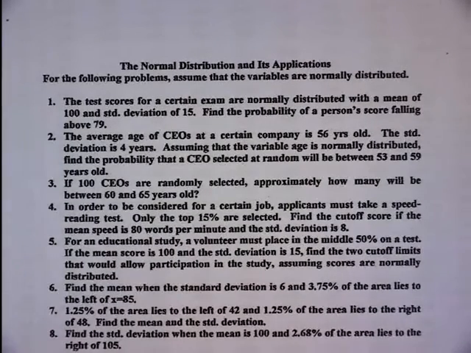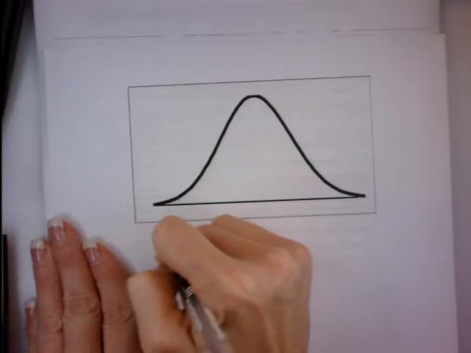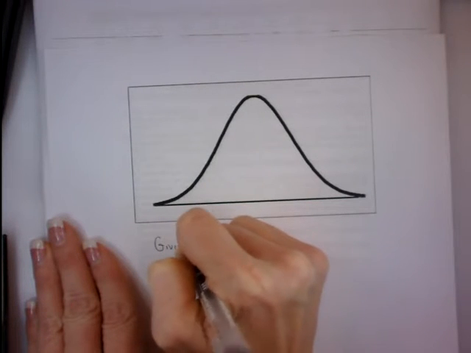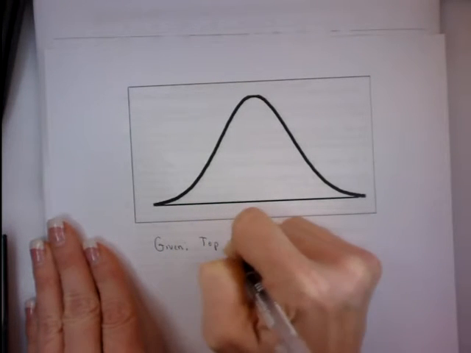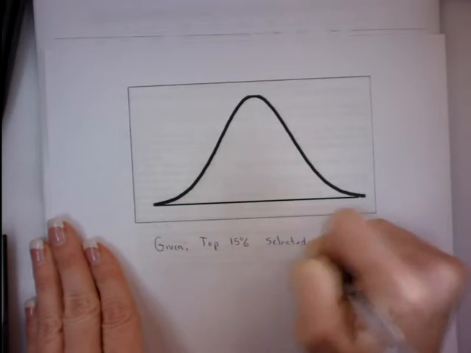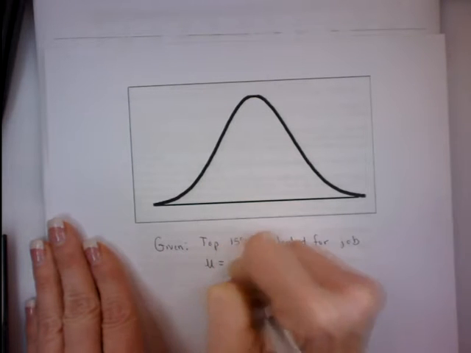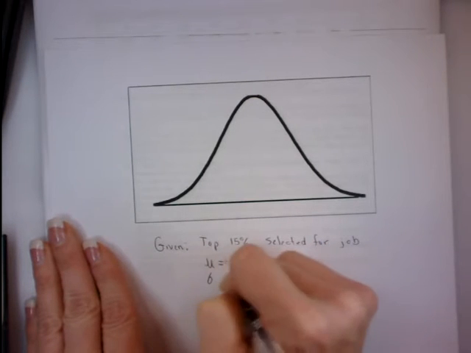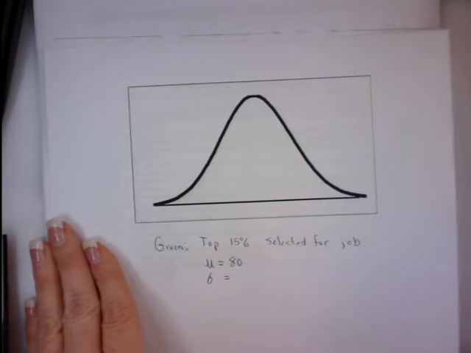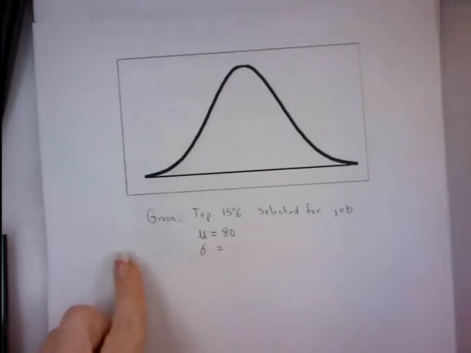So here we go. This is number 4. I am going to write down what's given. The top 15% are selected for a job. The average is 80 words per minute, and the standard deviation, going back to that problem, is 8 words per minute.